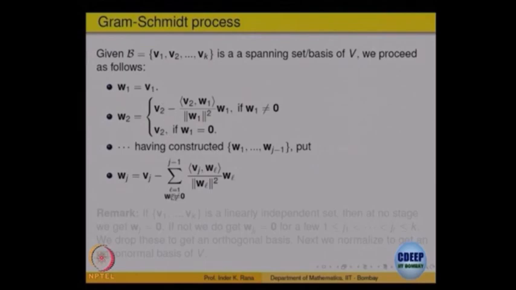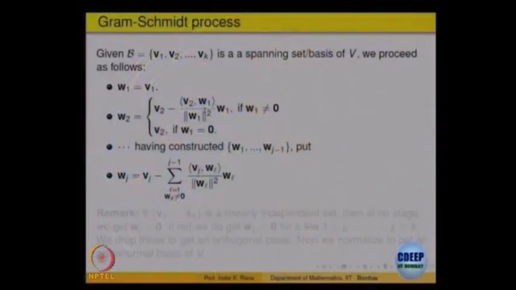So, this is an algorithm which you can compute successively, first one as it is, second one remove the projection. What is the projection? It is the inner product of V2 and W1, divided by the norm of W1 squared, times W1, right, and this is the jth one, and so on. So, you will finish the induction when you have reached k, right. It is an inductive step, using the first one you construct the second one, for the third one you use the first and the second which you have already constructed, right.